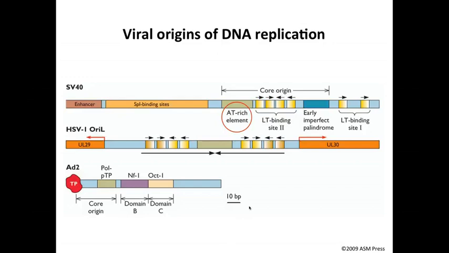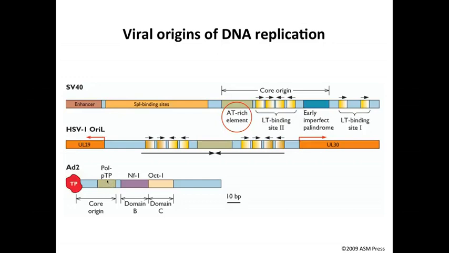First of all, they all contain AT-rich elements, and they're shown in this kind of olive green color. Here's one in the SV40 origin, here's one in the ORI-L of herpes, and also the Pol-pTP binding site is shown in orange as well.